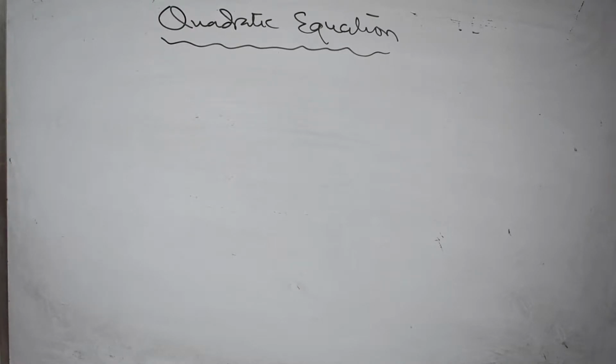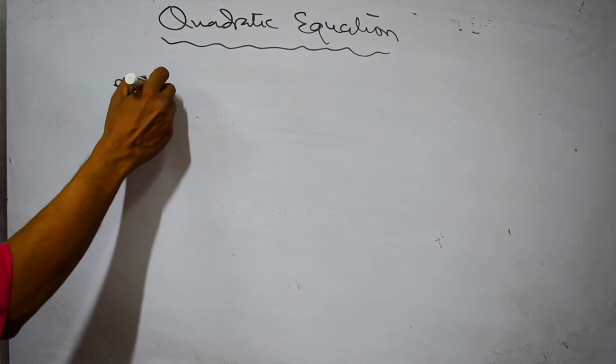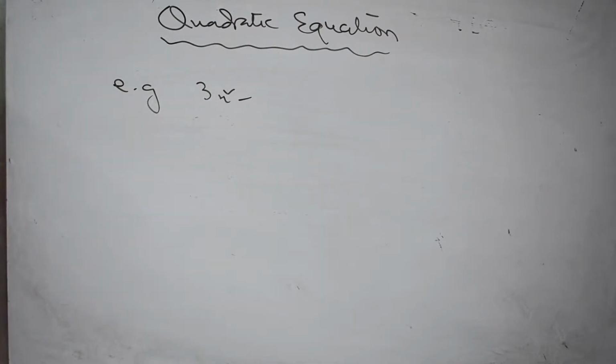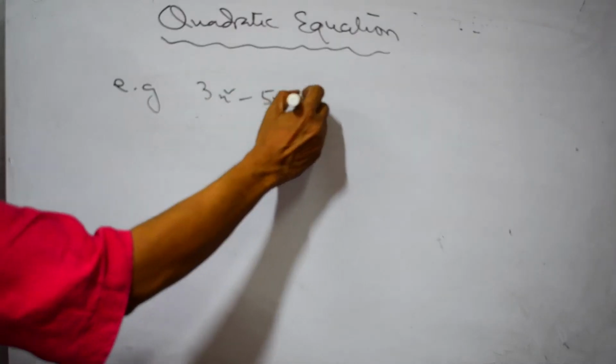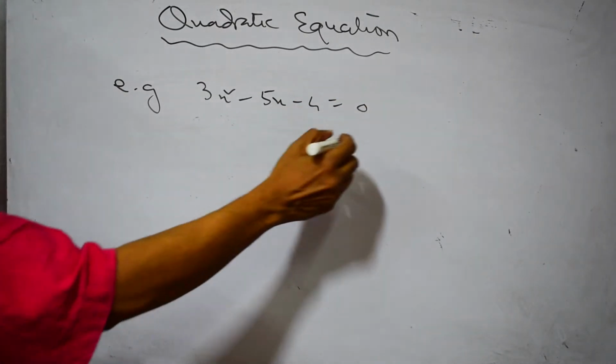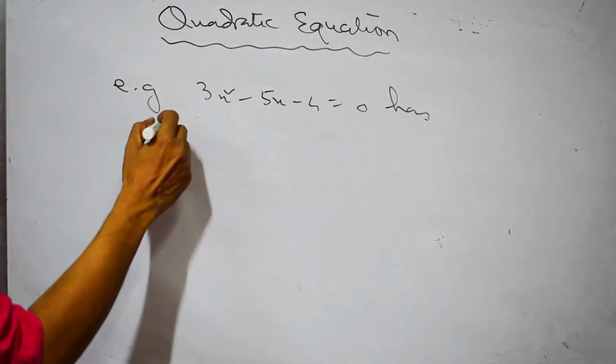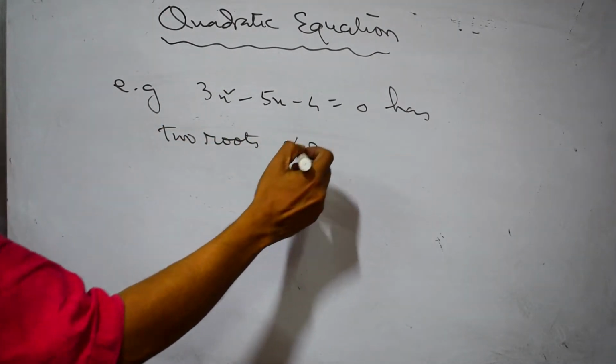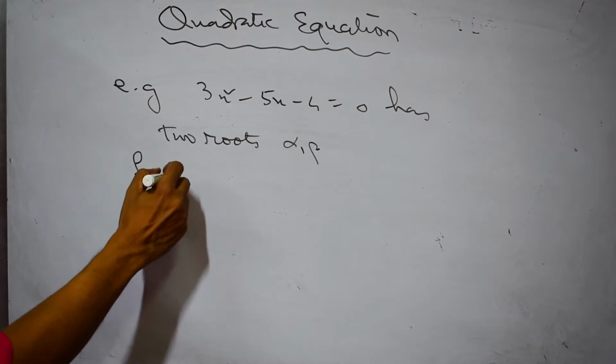The coefficients are a, b, c. So as an example, 3x square minus 5x minus 4 is equal to 0 has two roots alpha and beta. Now find, we have some questions.